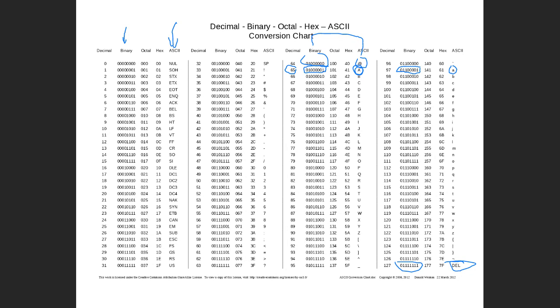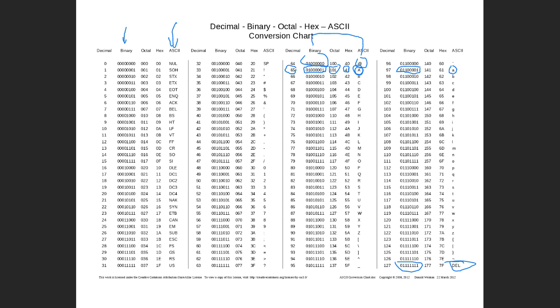If you convert it to octal, you'll get 101 base 8. If you convert it to hex, you get 41 base 16. So this table is showing you the binary code in decimal, octal, and hex, and you can see it's much easier to remember that an A is decimal number 65 than it is to try to remember the sequence of bits.